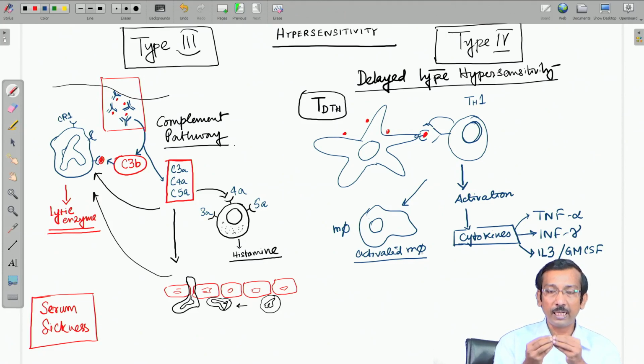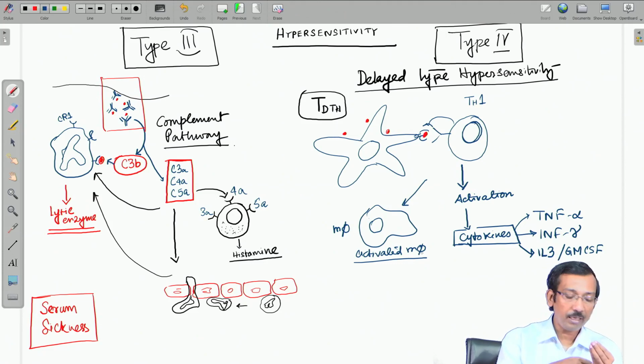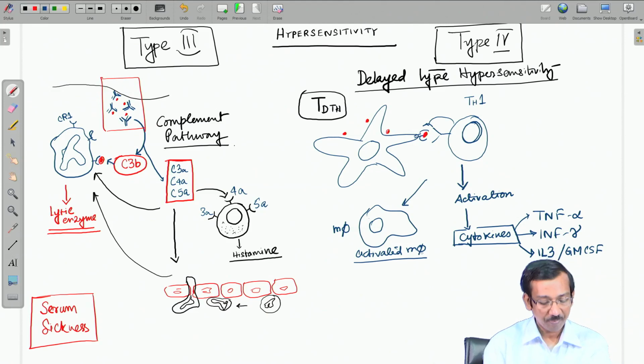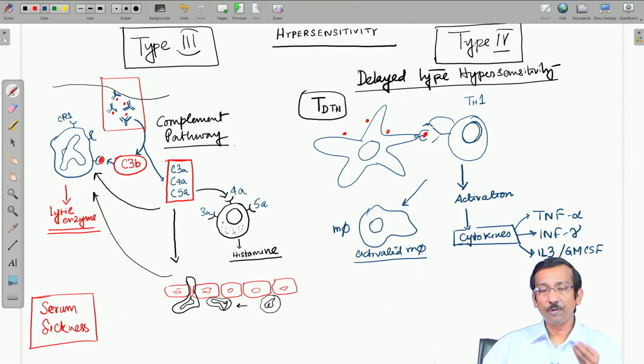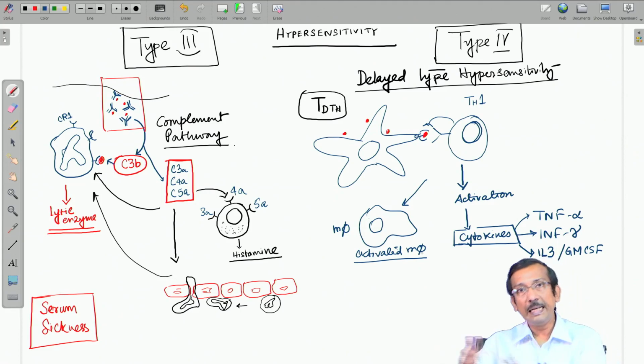This antigen is injected intradermally, under the skin, and then you wait. If after 1, 2, 3 days there is a small redness and swelling in that area, you conclude that the person has been exposed to MTB. These responses are usually delayed.